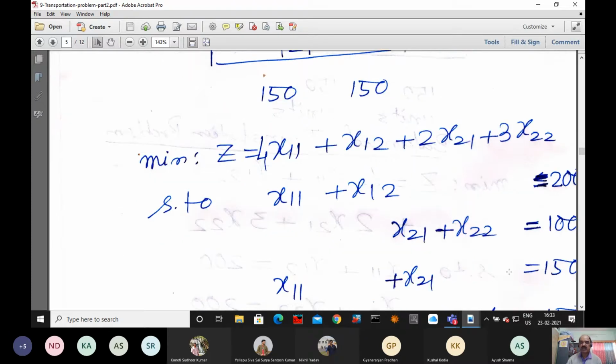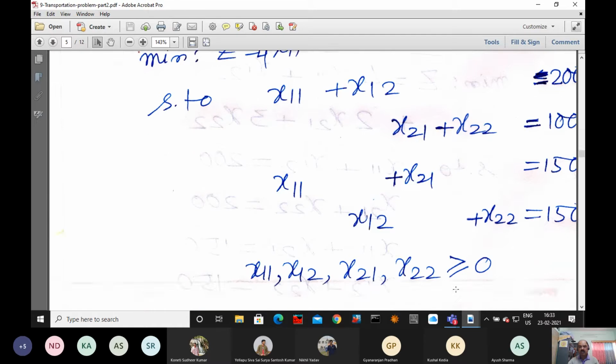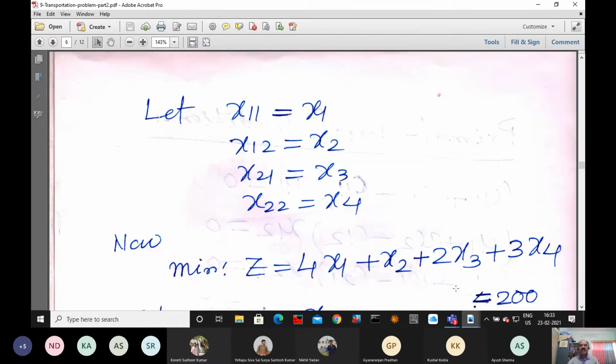Now the third constraint, x11 plus x21 equal to 150, with zero coefficients for the other terms. Then we have x12 plus x22 equal to 150, and all these primal variables x11, x12, x21, x22 are non-negative.